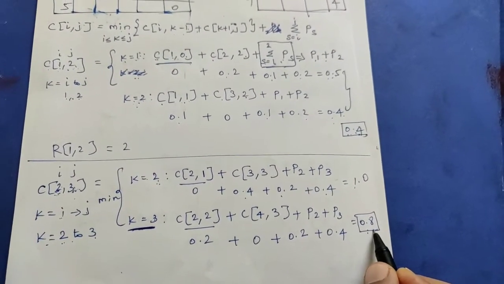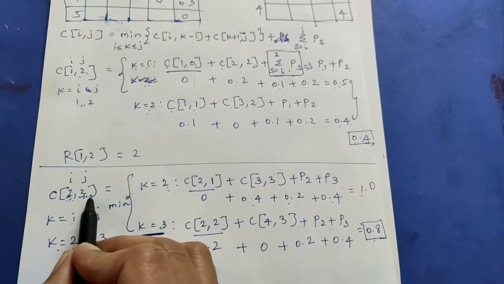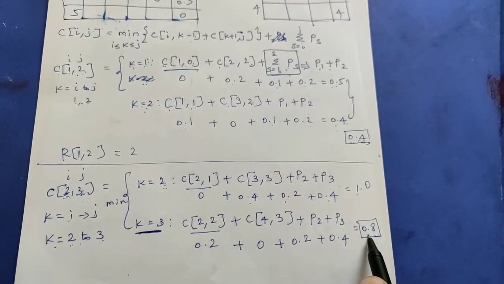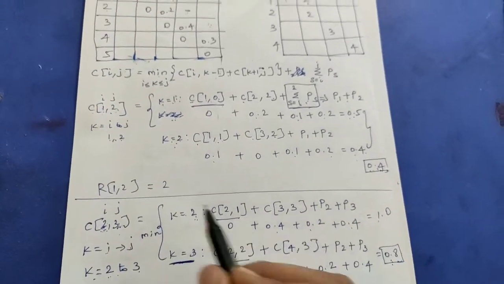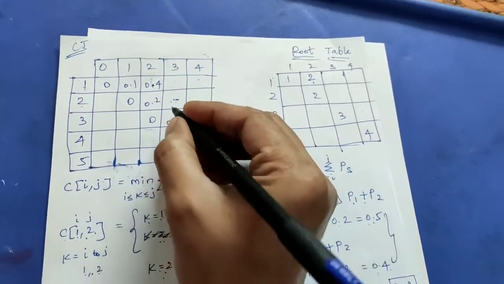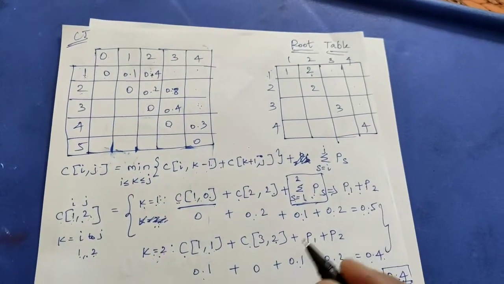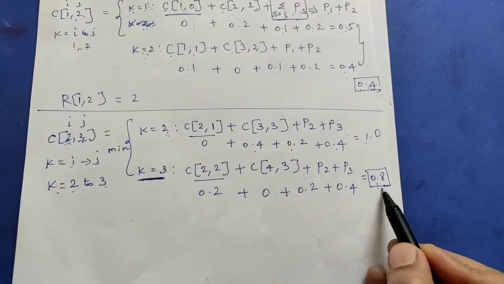So go to your cost table. In this location 2 comma 3, fill the value as 0.8, which is a minimum value. Go to the root table. Which k value has given you this as a minimum?